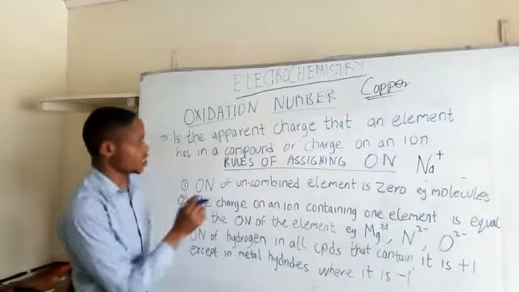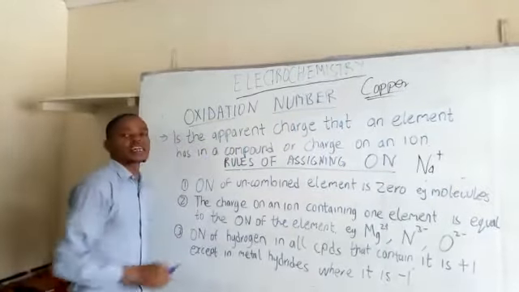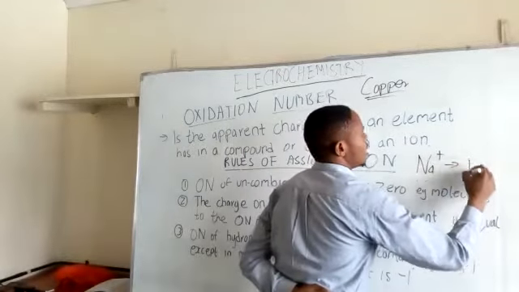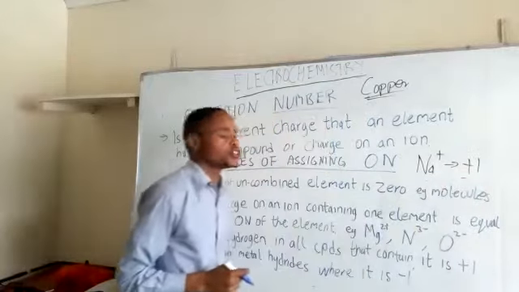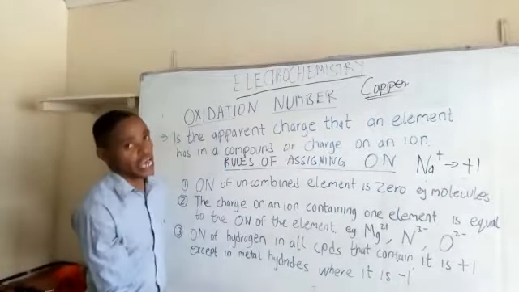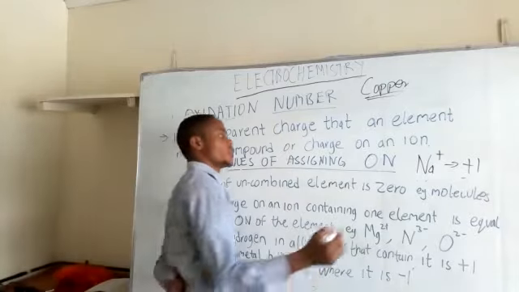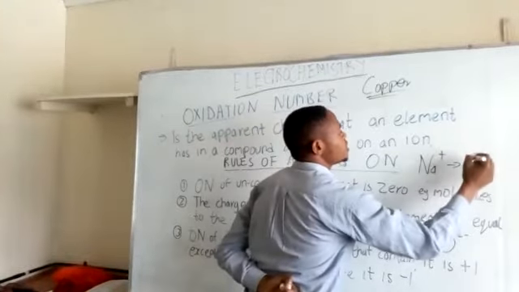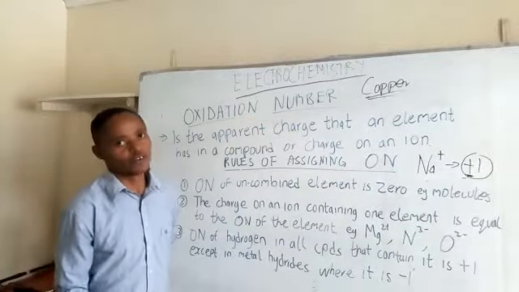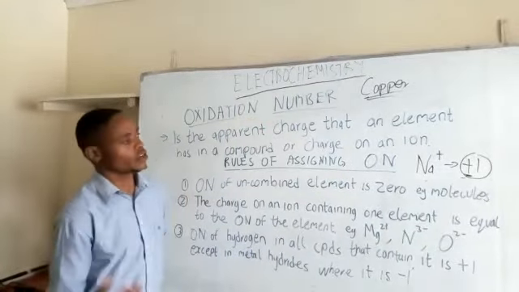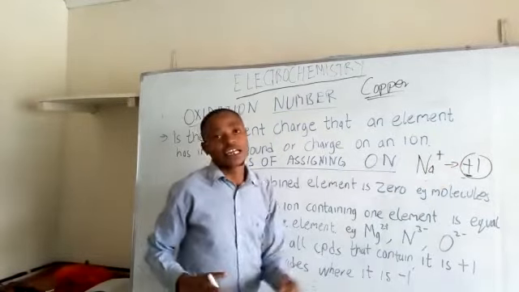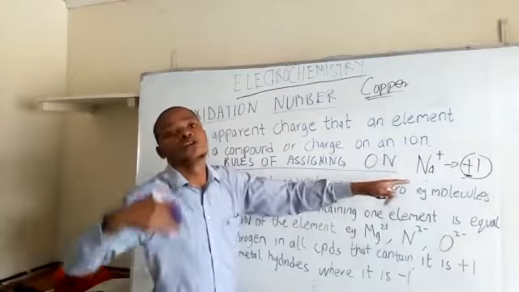The oxidation number of the sodium ion is therefore +1. I want you to note the difference of writing the oxidation number and the charge. For the oxidation number, we always begin with the sign followed by the number of electrons either gained or lost. Like in this case, because the sign is plus, it means that sodium loses.